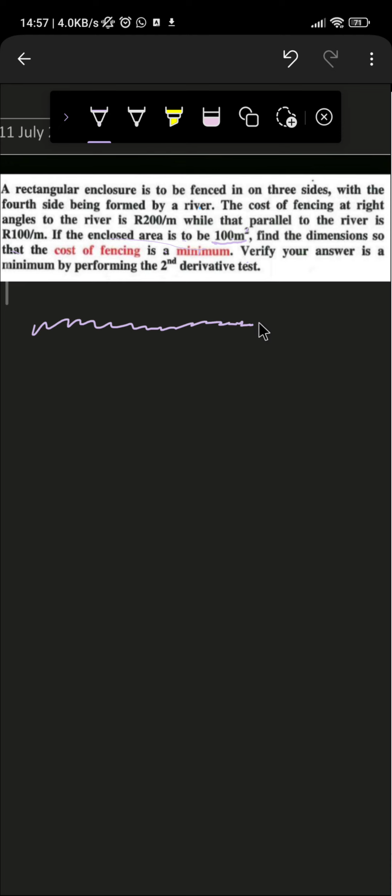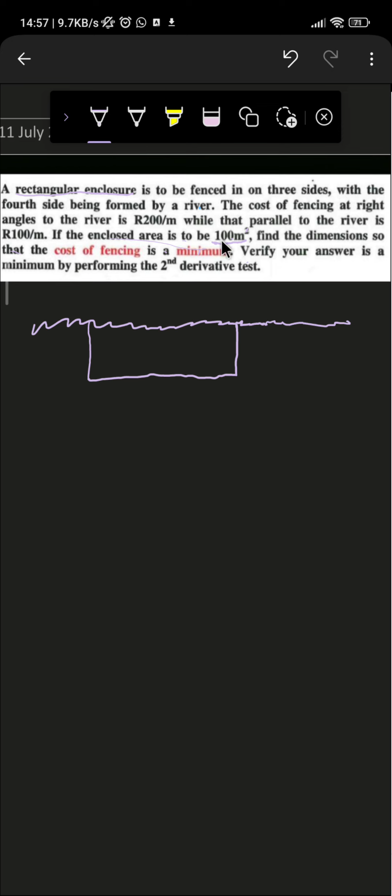They say there is a river, with the fourth side being formed by a river, so here we are going to draw a rectangular enclosure. This rectangular enclosure is going to be like that, and this being a river, as they say.